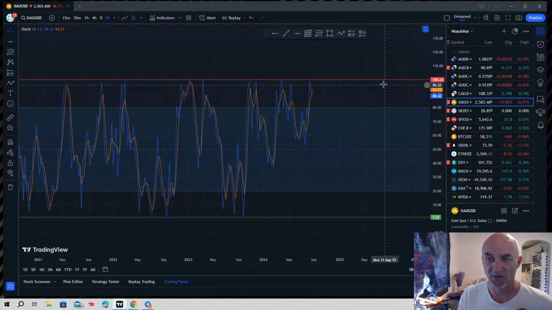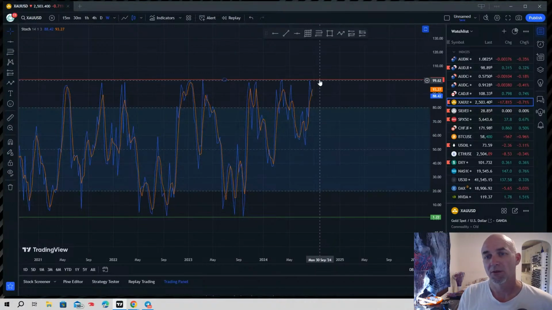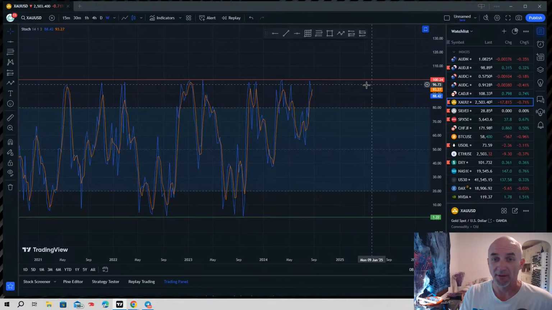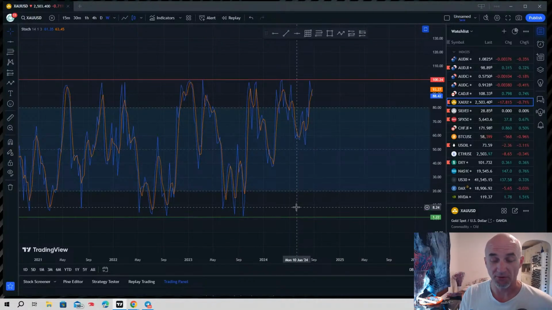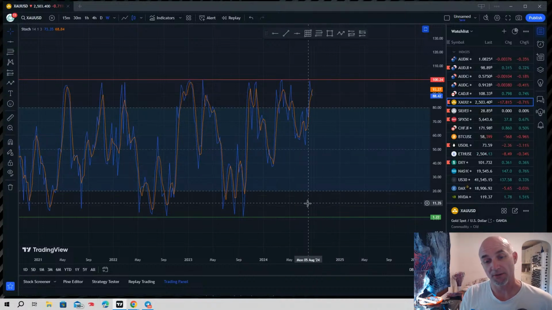So the top, again, is the resistance. So red is selling. So basically, that's when you're looking at the market and saying, man, maybe I should consider placing a sell position. And then down here, the green line is the support, and that is what we call the buy zone. So when it's oversold, it is in the buy zone. When it's overbought, it is in the sell zone.